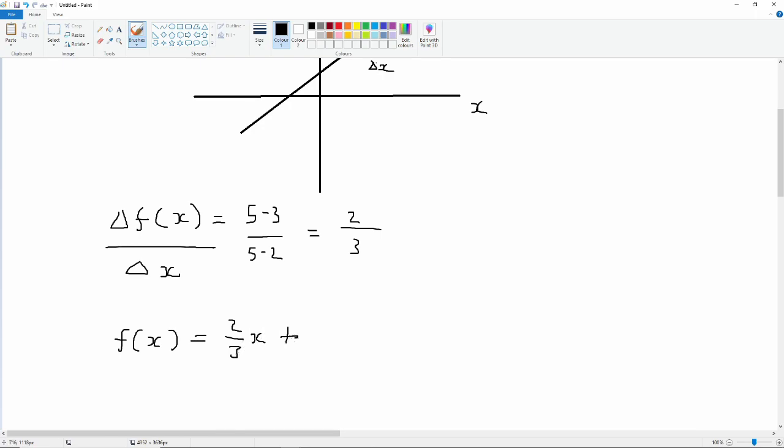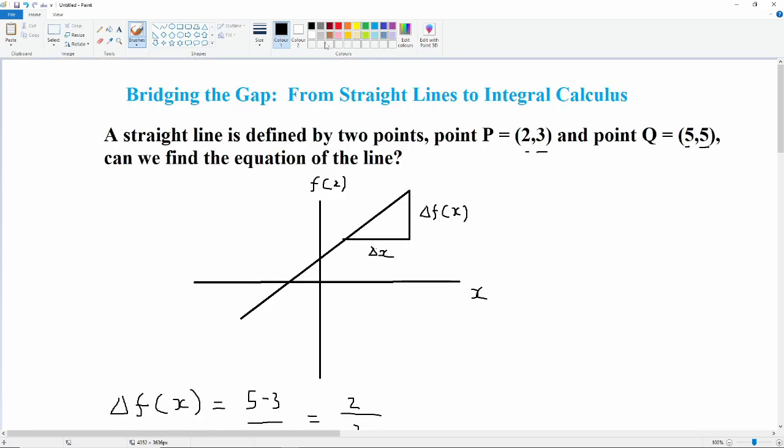And then we have our y-intercept, but now it's our f of x intercept. Again, to find out what it is, we just plug in our numbers. Bear in mind these points are no longer x and y, they're x, comma f of x. So f of x is equal to 3 when x is equal to 2.